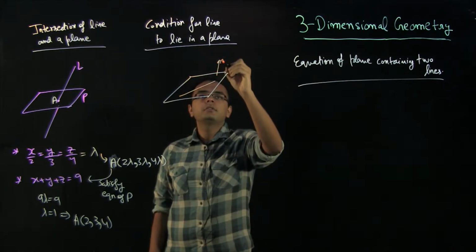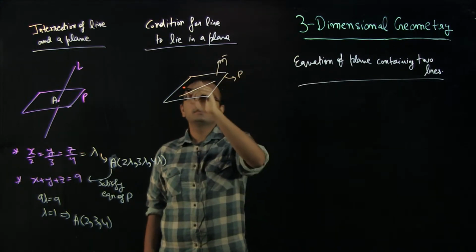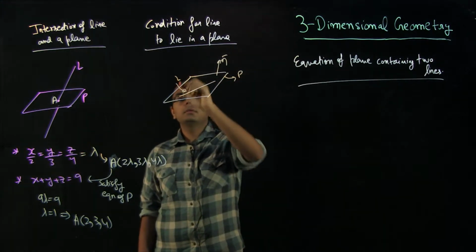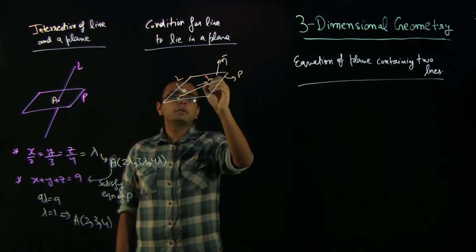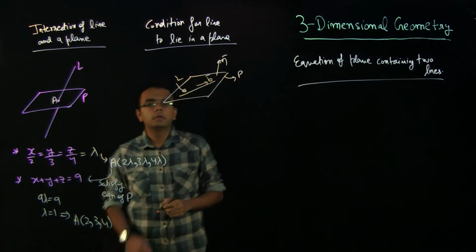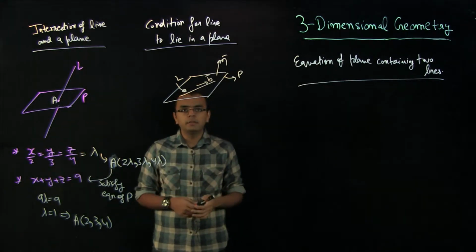So the condition for a line to lie in a plane, and let us say the line is like this. This is the normal vector to the plane, and this is P, this is L, and this is the B vector, right? So how will I ensure that the line lies in the plane? There are two things.